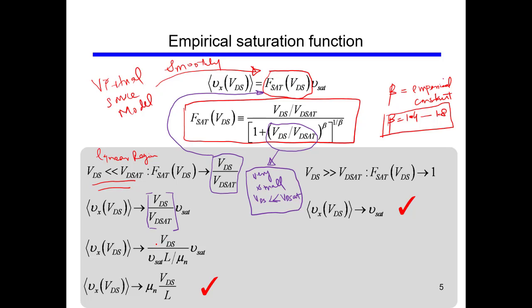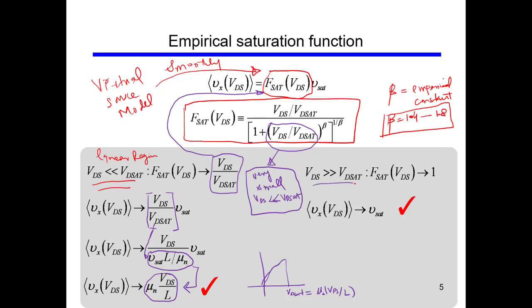And if we put the value of saturation velocity from the previous slide, we will get this equation. This equation is exactly the equation that describes the linear region. Remember that this point was VDSET, and until this point we have the mobility times VDS by L. So this whole region is described by this formula.